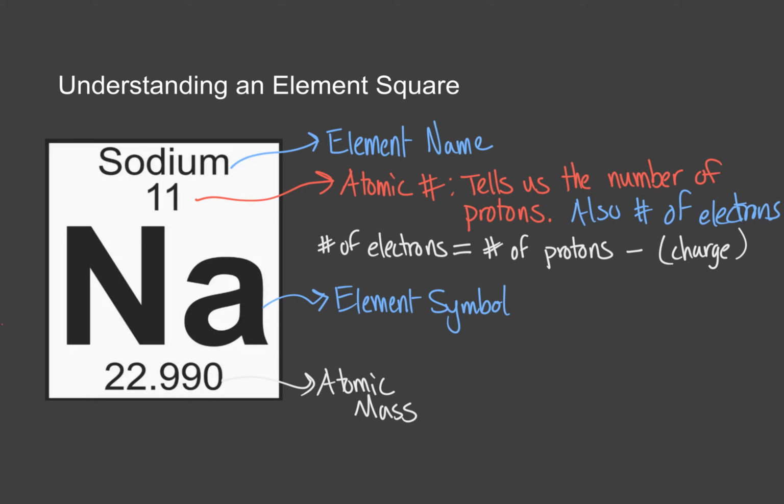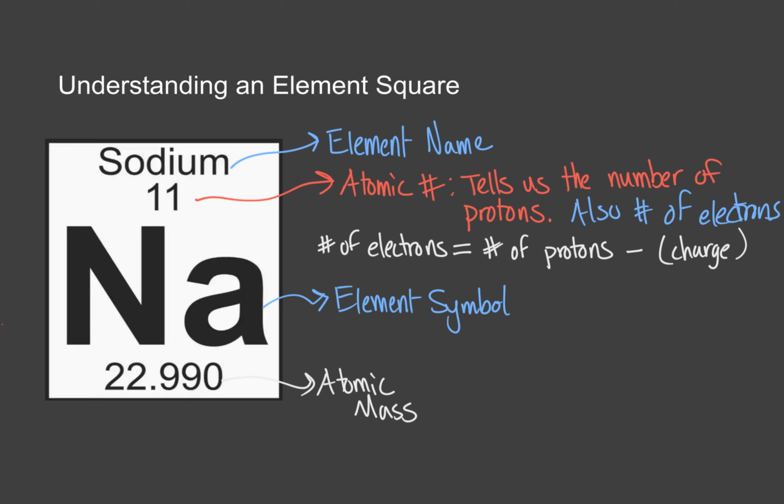So sodium frequently forms a +1 charge. It really likes to lose one of its electrons, and it forms a +1 charge. So in that case, we would have 11 protons minus the charge of +1, and 11 minus 1 equals 10.